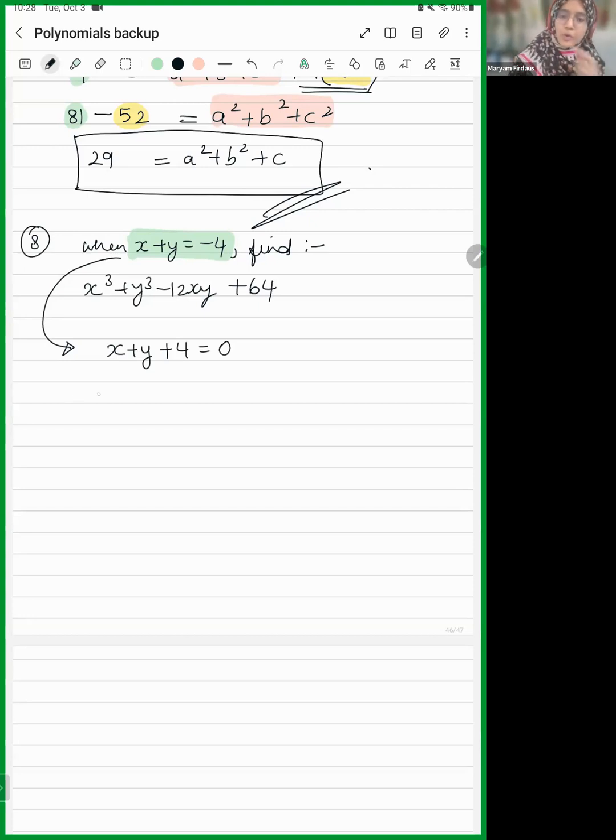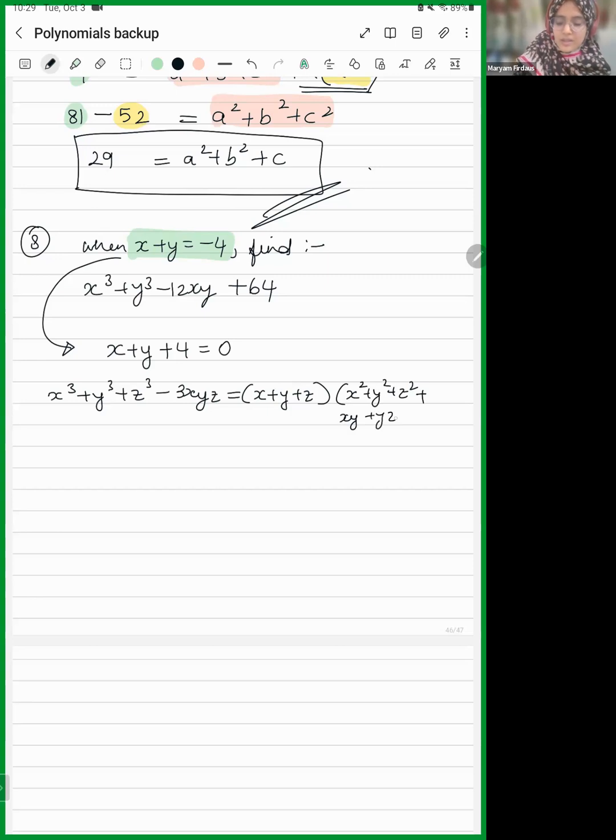What is 4 cube? 64, right? Do you remember the identity we did in the exercise, which was x cube plus y cube plus z cube minus 3xyz is equal to, and we spent a lot of time on this identity, x plus y plus z into x square plus y square plus z square minus xy minus yz minus zx.